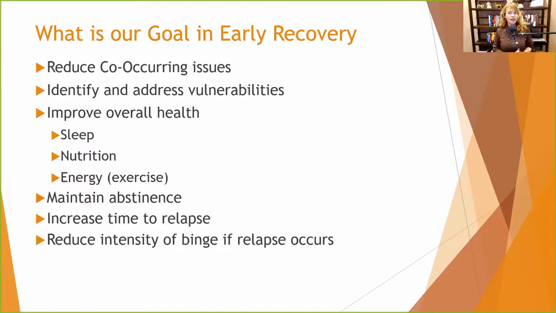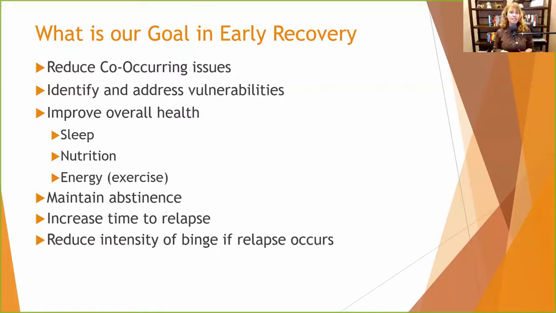We need to identify and address vulnerabilities. And medication-assisted therapy, giving them medication or them taking medication, however you want to look at it, is one aspect. Just giving them a pill is not going to fix everything. It helps them stabilize so they have the energy and the clear-headedness, hopefully, to participate in their recovery process.